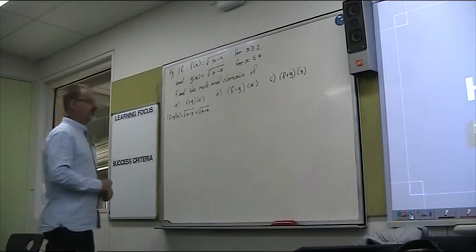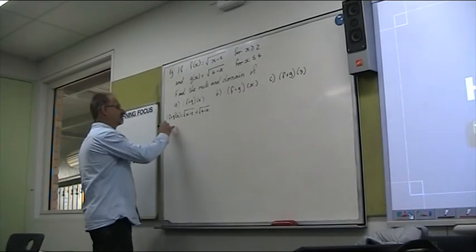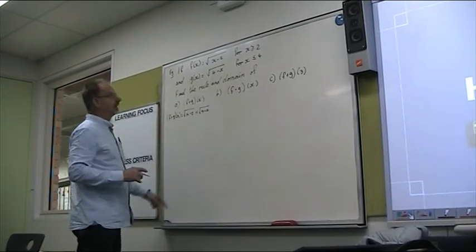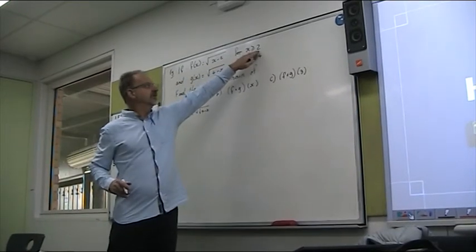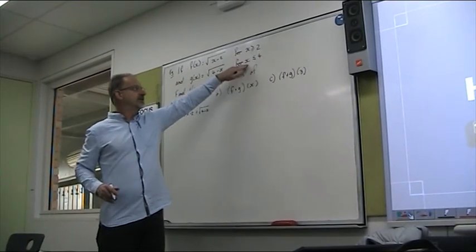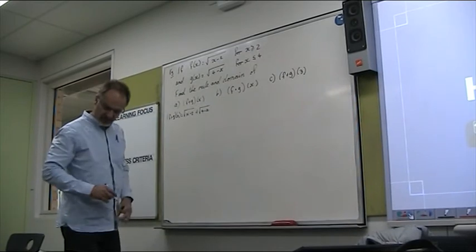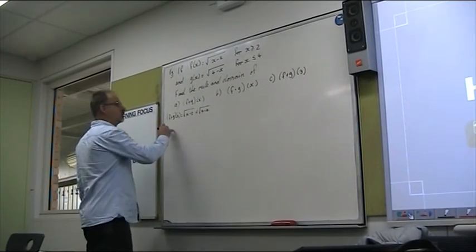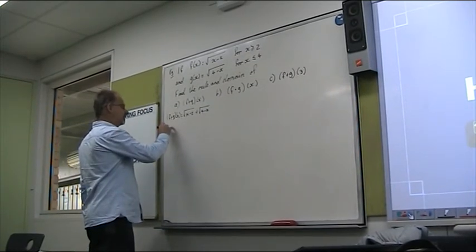Now, we're asked for the domain. The domain of f is x greater than or equal to 2, and the domain of g is x less than or equal to 4, so what we're looking for is where those two intersect.